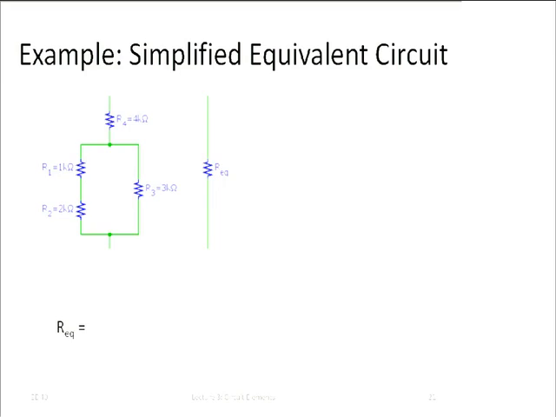So how would you do that? Well, you have to go a little bit in sequence here. You have to recognize first, is there any series or parallel connection that I can reduce? Do you see any? Yeah, R1 and R2, they are in series.